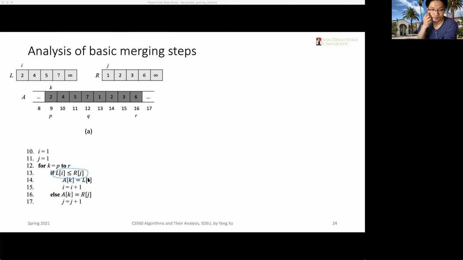So it picks the smaller one, right? So if Li is smaller than Rj, then Li is copied back to Ak, and i is incremented by 1. That is just like when we compare the two cards on top of two piles. If the left pile has a smaller card, then we take that card out and put it into the output. That is exactly why this code is implemented.